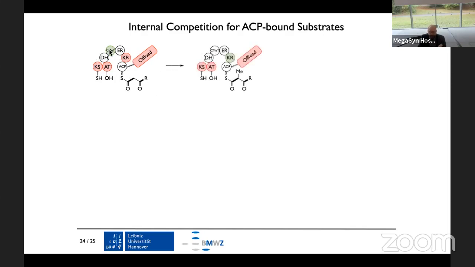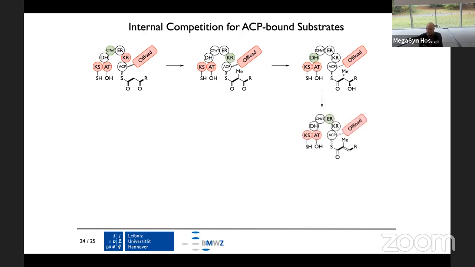So for example, if the methyltransferase is the fastest at that stage, it's going to methylate. So we get a methylated intermediate. It doesn't usually methylate again, so now there's another competition, and now if the KR is the next fastest, it's going to reduce to give the alcohol. And then this compound is now committed to beta processing. We know that the dehydratase is unselective.